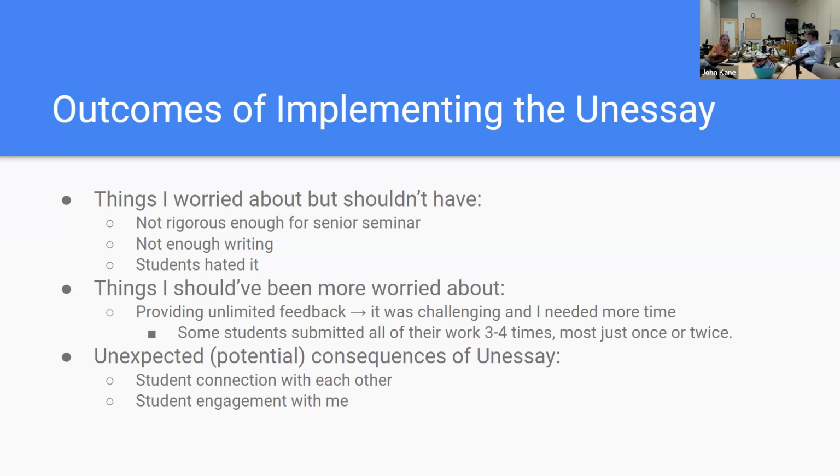It was challenging, right, to provide this kind of unlimited feedback for students. I had to set aside time every week. I tried to do it every Monday, allocating a couple of hours that day to see if there were any revisions. Sometimes it would take me multiple days that week. Some days it would take me just 30 minutes to review one of their assignments.